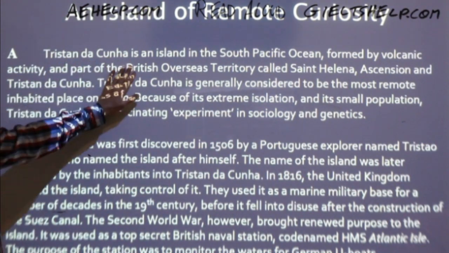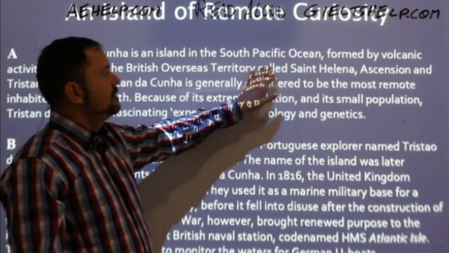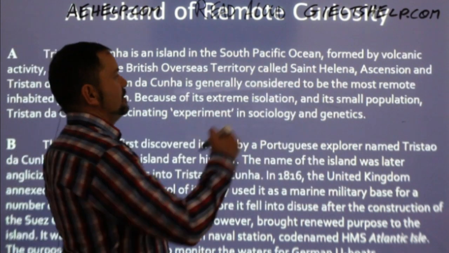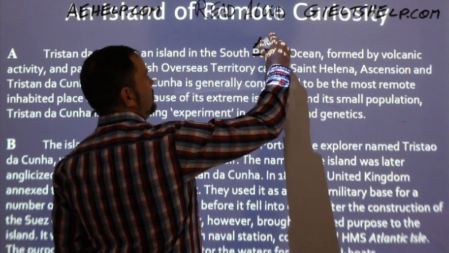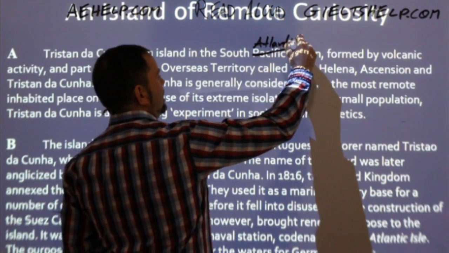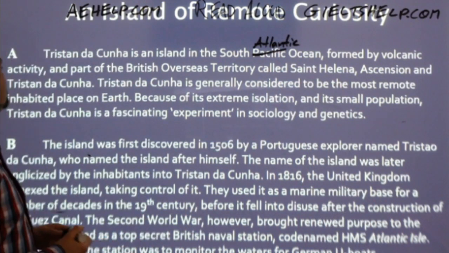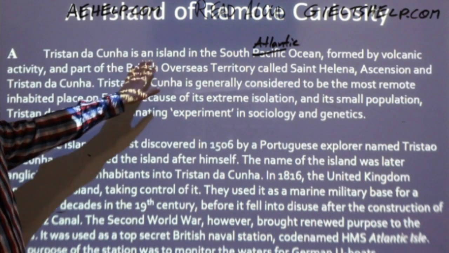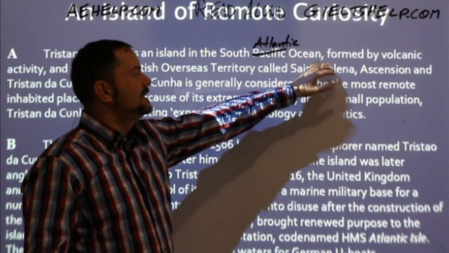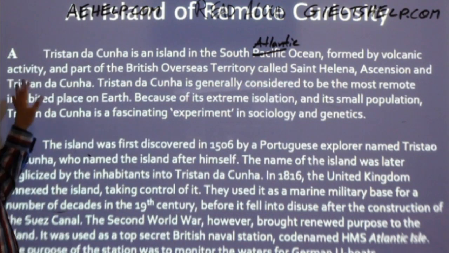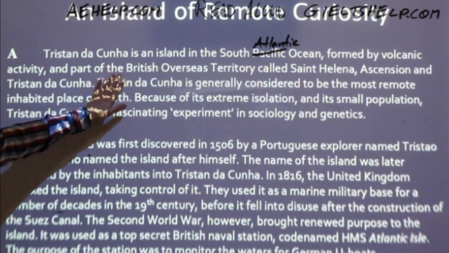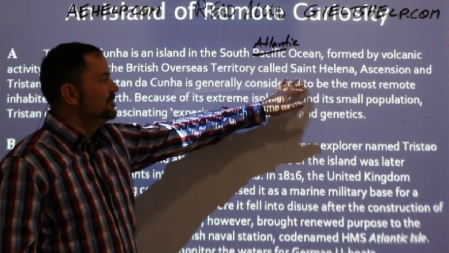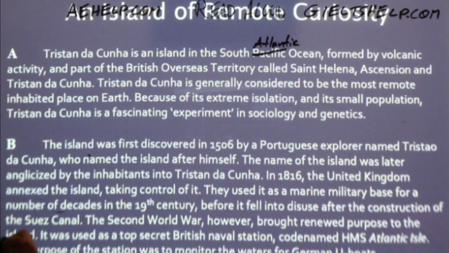Tristan da Cunha is an island in the South Pacific Ocean. This should be corrected. It's actually the South Atlantic Ocean. So let's do that one more time. Tristan da Cunha is an island in the South Atlantic Ocean formed by volcanic activity and part of the British Overseas Territory called St. Helena, Ascension, and Tristan da Cunha.